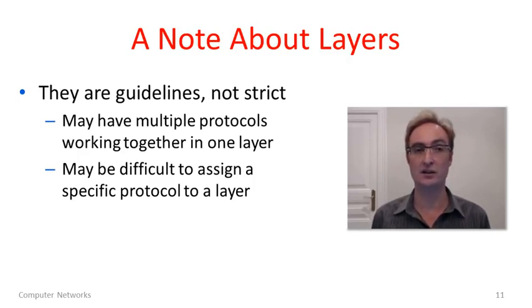In fact, this is a lot of the complexity and the fun of networks: that you might have protocols that don't neatly fit in here. So don't just assume that because something sits on top of a network layer protocol, it's a transport layer protocol. That's not necessarily the case. Nonetheless, our overall layered framework will prove valuable just for thinking about the functionality and roughly what's going on at every layer. Okay.